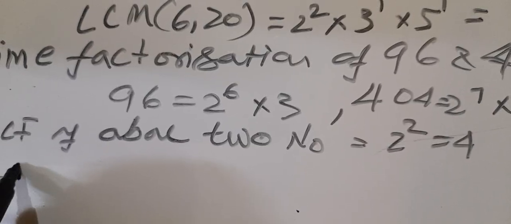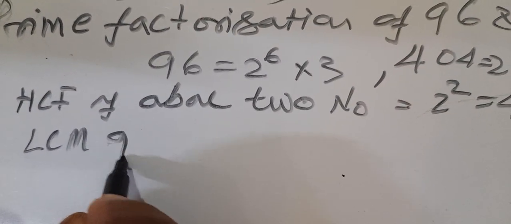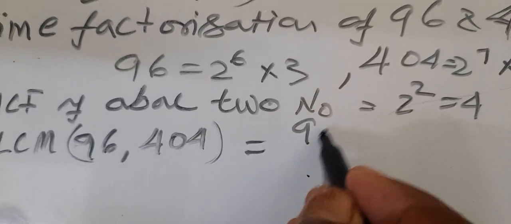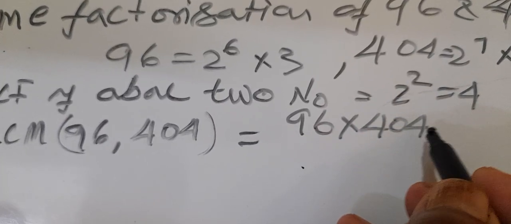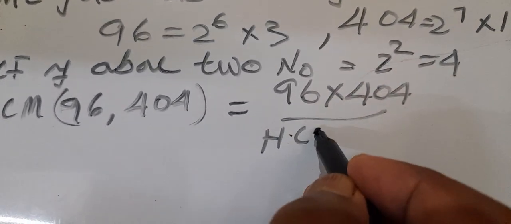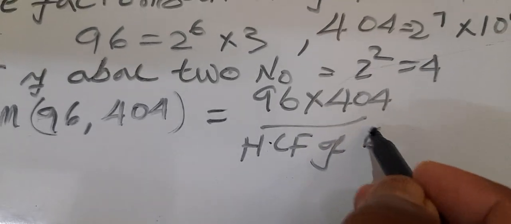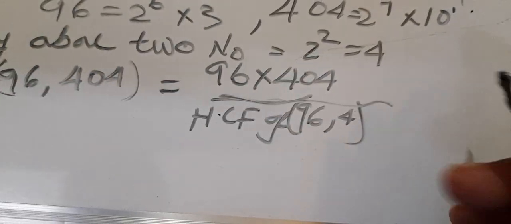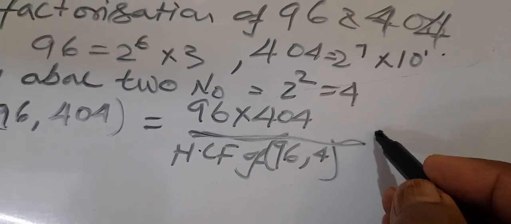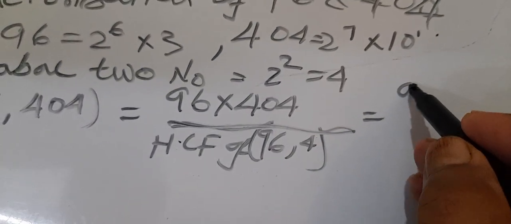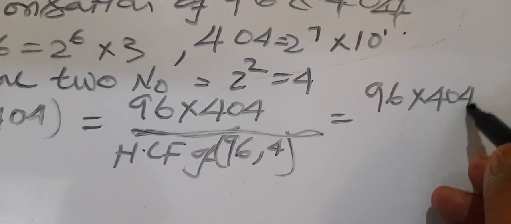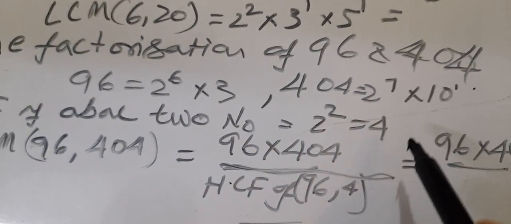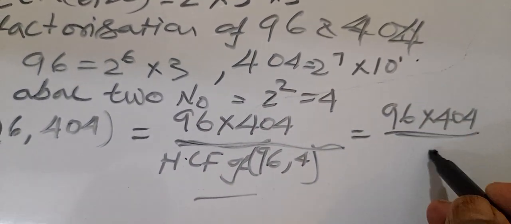And the LCM of 96 and 404 equals 96 into 404 divided by the HCF of 96 and 404, that is 4.